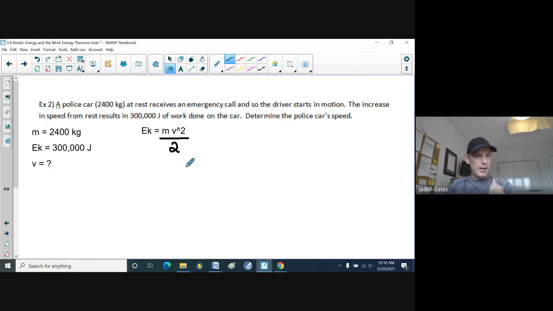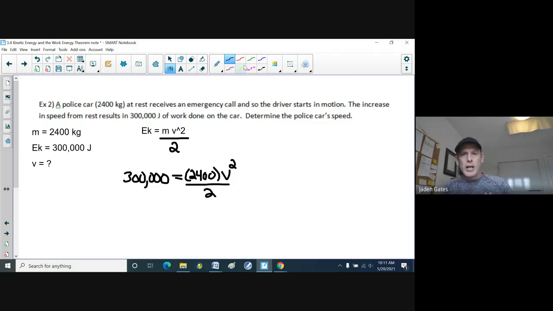All right, so I'm going to substitute in here. So what do we got here? We got 300,000 joules of energy. All right, my mass is 2,400. There we go. I got my V squared here. And of course, my divide by 2. Now, I can simplify this.